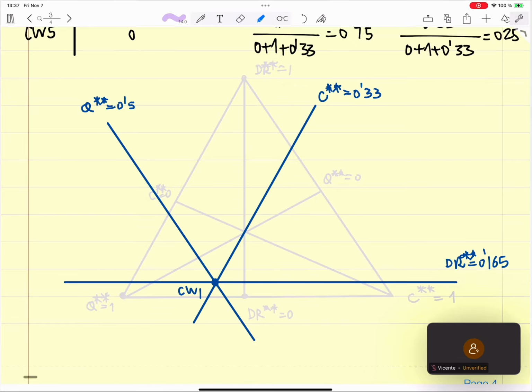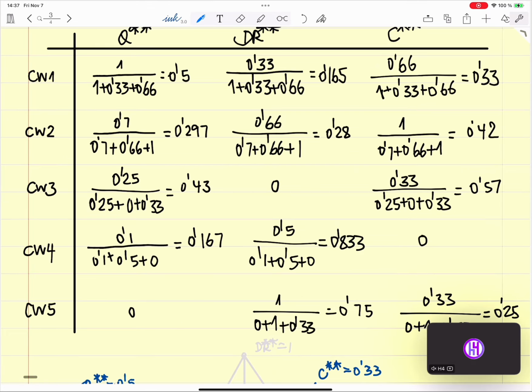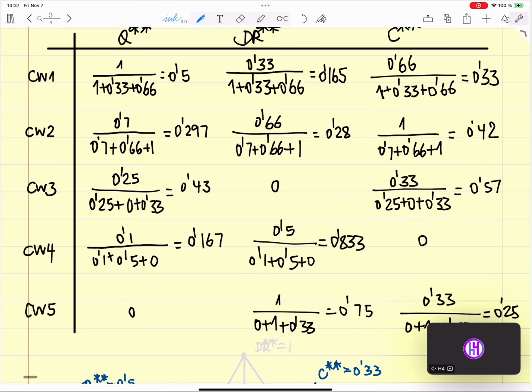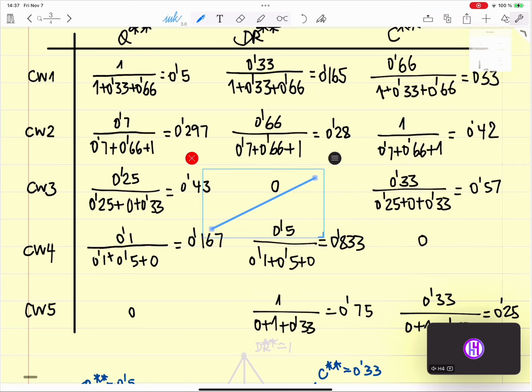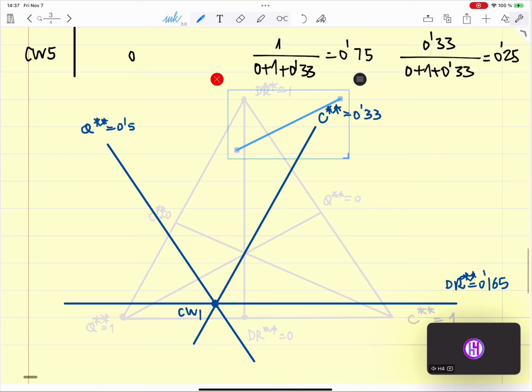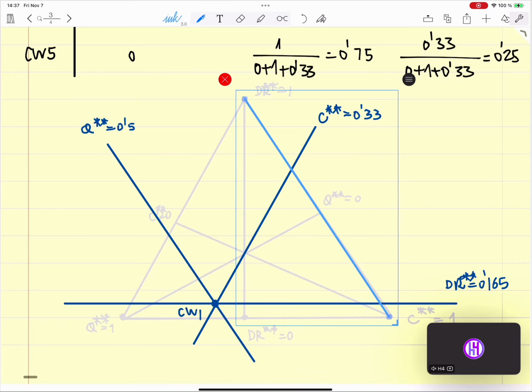So for the second week, we go ahead. I'm going to take another color. We take 0.297 for the quality. So for the quality, all the points that are quality constant 0.297 are parallel to this line.